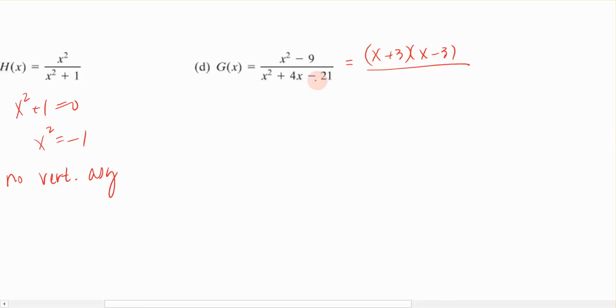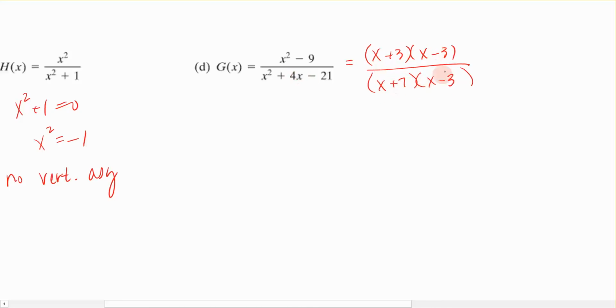The denominator is going to factor into, let's see, I have x and an x. This negative sign tells me I have to have a plus and a minus. So I'm looking for the factors of 21 that are going to subtract to give me 4, and that would be a positive 7 and a negative 3, because -3 plus 7 gives me 4.